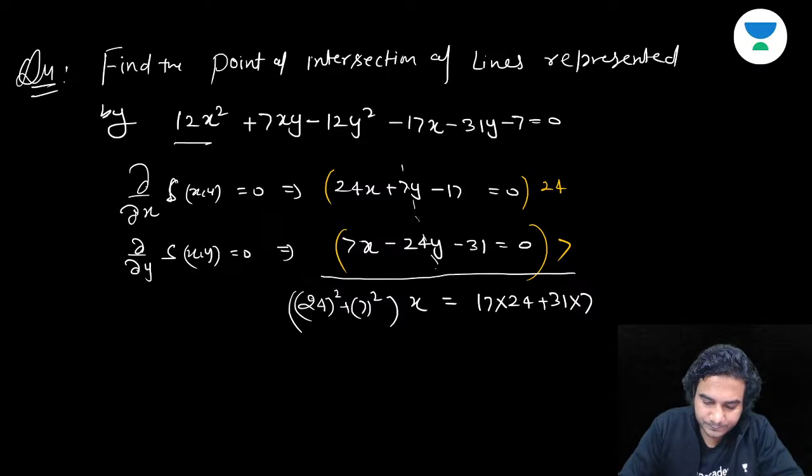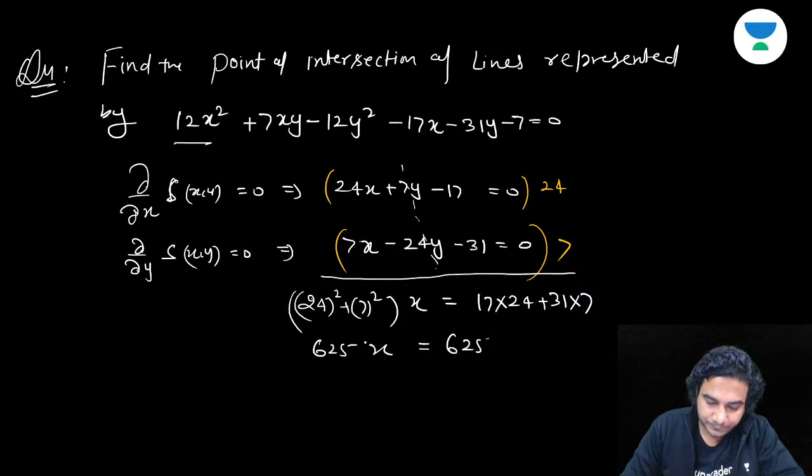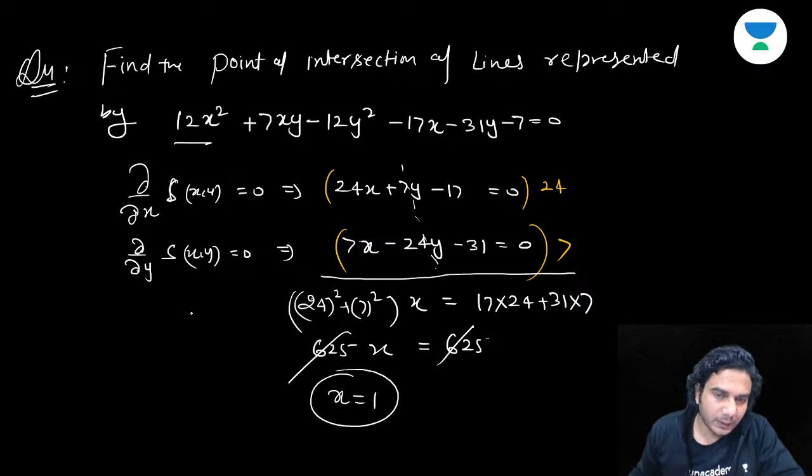This is 625, and I think this is also 625. 24 square plus 49, yeah, this is also 625. So this will get cancelled and x is equal to 1.